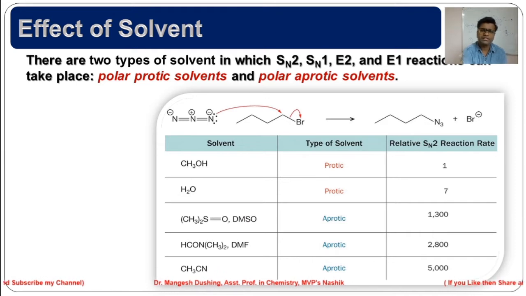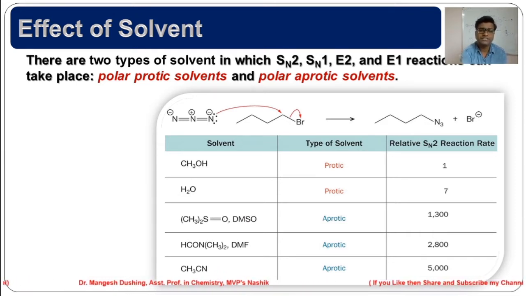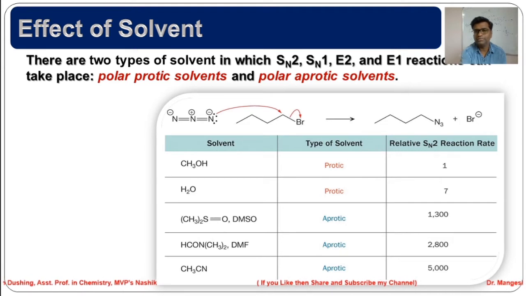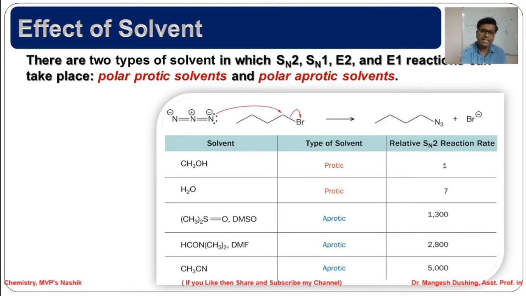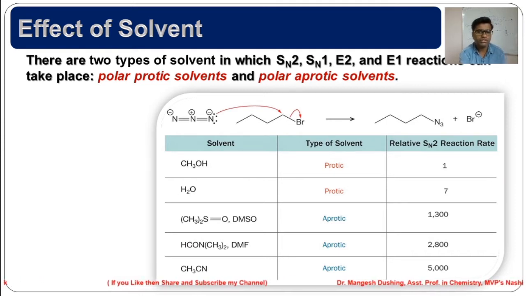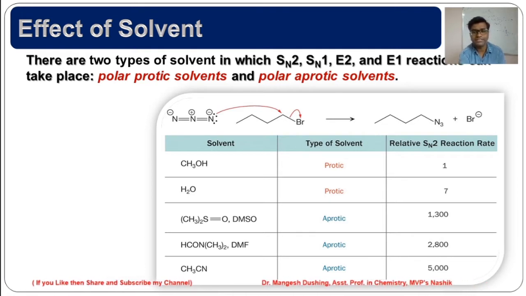Br is a good leaving group, and it reacts with azide, N3 minus. N3 minus acts as a nucleophile that attacks the carbon, and Br minus will leave. Suppose you study this reaction using various solvents like methanol, water, DMSO, DMF, or acetonitrile.